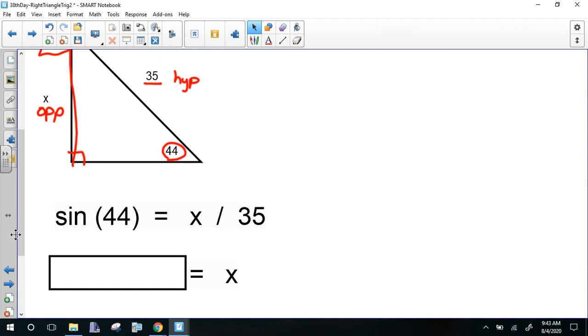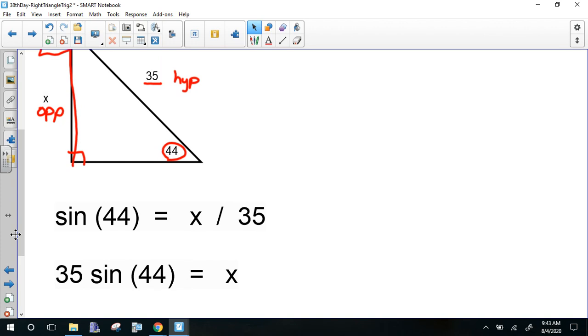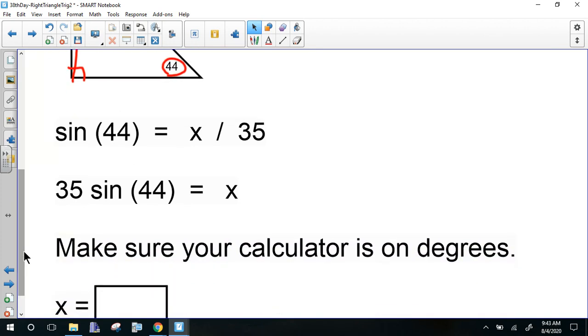If the variable's on top, we multiply. 35 times sine of 44. Make sure your calculator is in degree mode. 35 sine 44 is 24.3 feet tall. So it's okay to have a decimal answer for this.